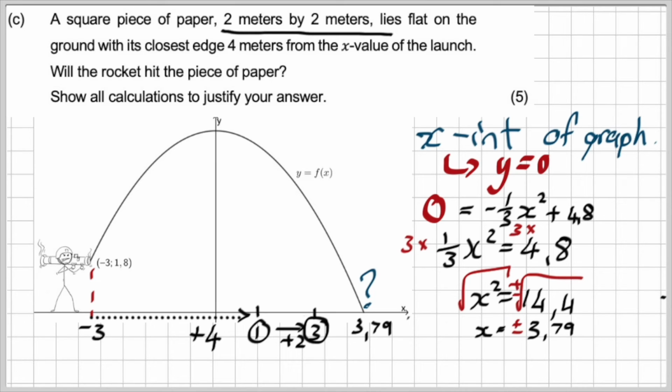But where does the rocket fall? Where does that hit the ground? It hits the ground at 3,79. So does the rocket hit the piece of paper? No. It misses the target.